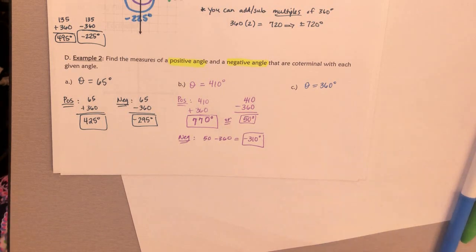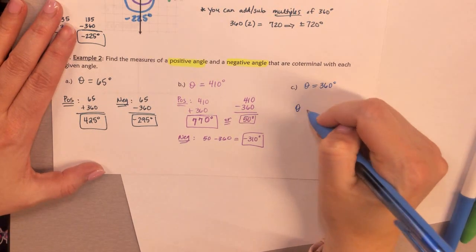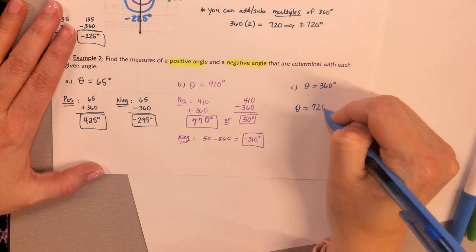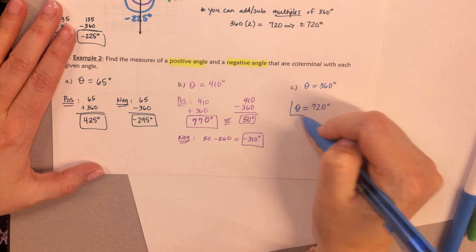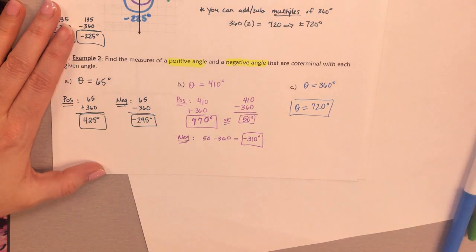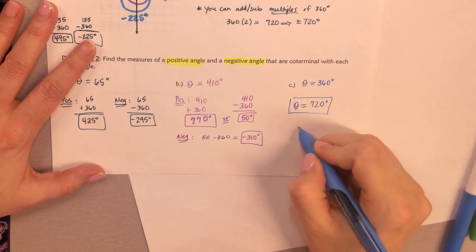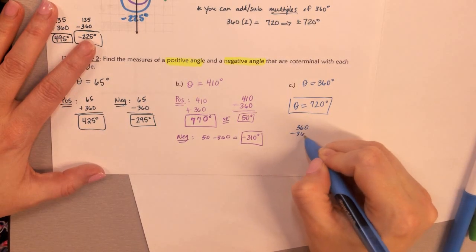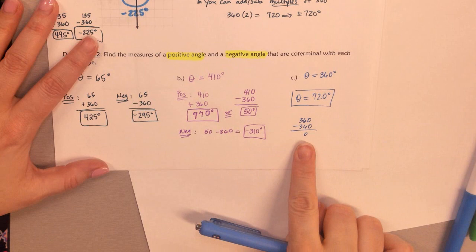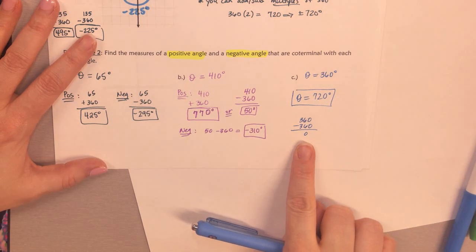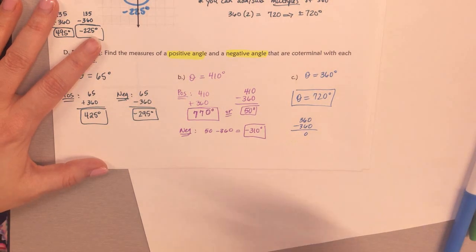Okay, so Dylan, what'd you get for your positive? 720. Yeah, good. Anybody write anything besides 720 for the positive one? Okay, and then when you subtracted, 360 minus 360, you get 0. Is that negative? It's not positive or negative, so you have to keep going.